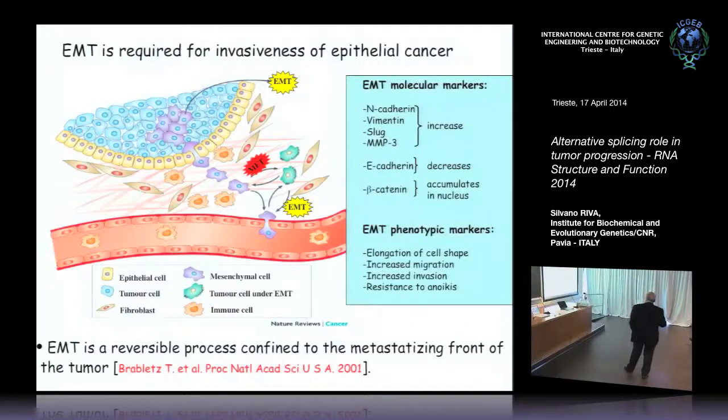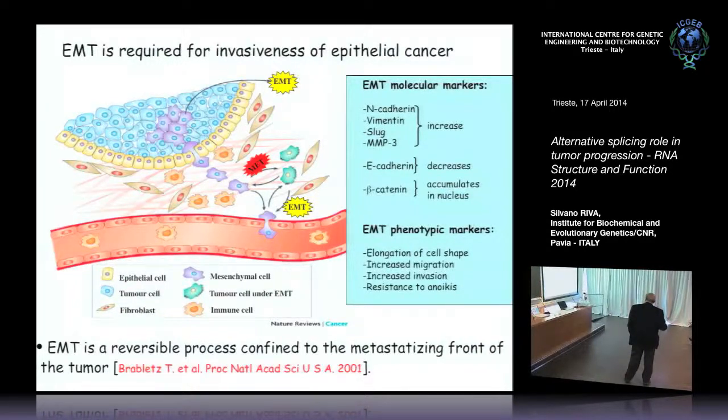You have the epithelial tumors. If in one of the cells you have this transition, the cells can cross out of the tumor, and they can cross all the barriers that they find. They can go into the bloodstream and go elsewhere and give origin to a metastasis.